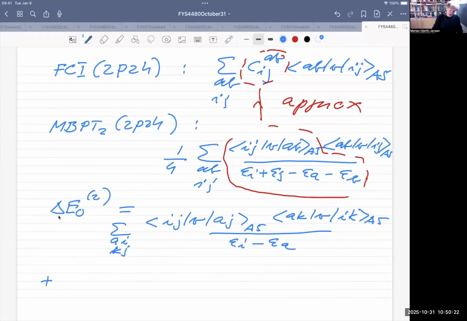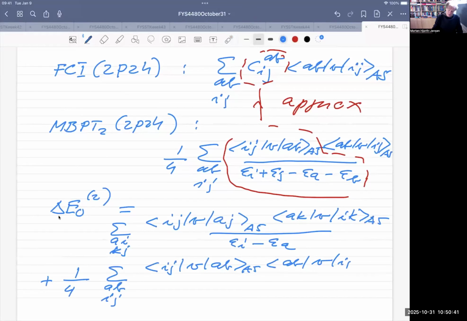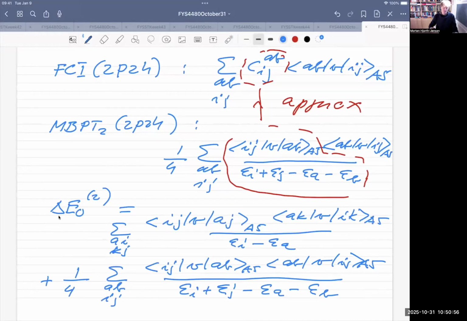And then finally, we have the term which comes from the two-particle two-hole excitations. So sum over AB, IJ, and then we have the anti-symmetrized integrals <ij|V|ab> and <ab|V|ij>, divided by the difference between the single-particle energies of the two hole states minus the single-particle energies of the two states above the Fermi level.